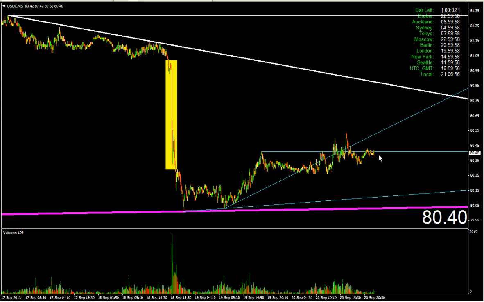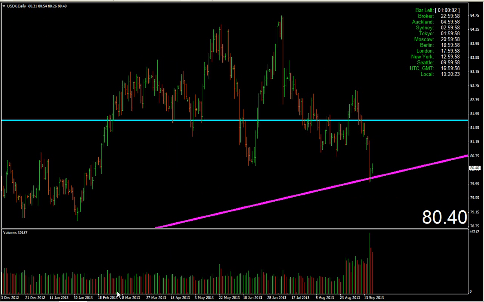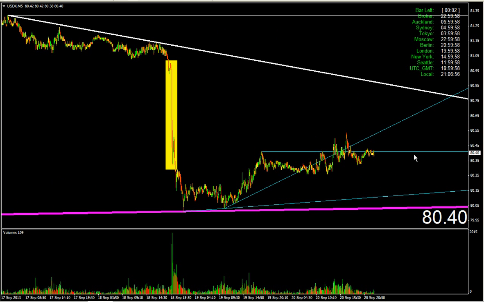So all in all, I would take the long side, not throughout the Asia session, maybe in the lows during Europe and Wall Street. So if the dollar gets lower throughout Monday trading, European and Wall Street, I would slightly start to buy dollars, and maybe a good setup not only into this week, maybe much longer. But if you buy dollars on the index, take the stop at 80.15, at least 80.